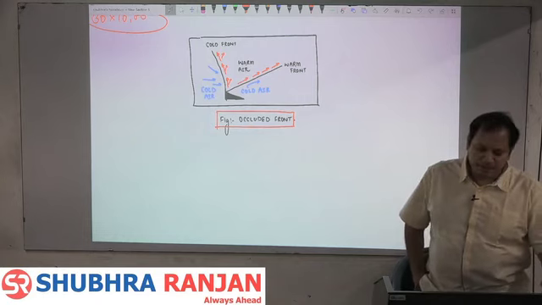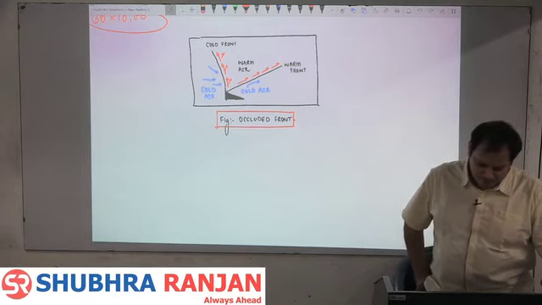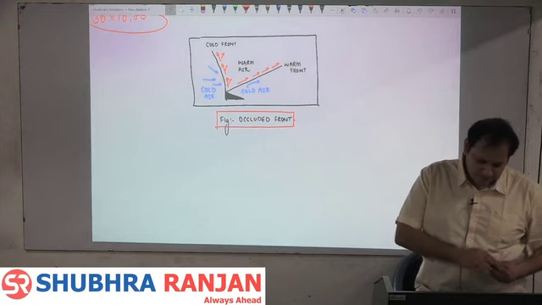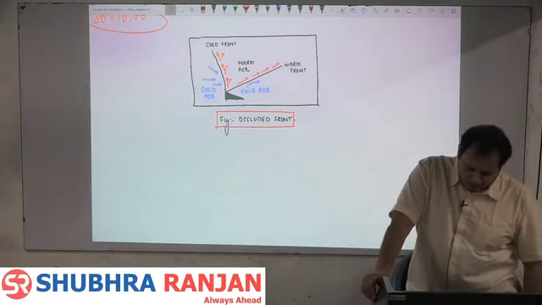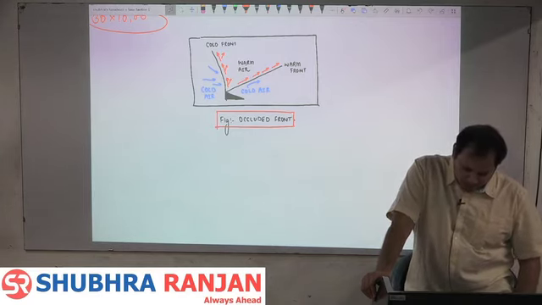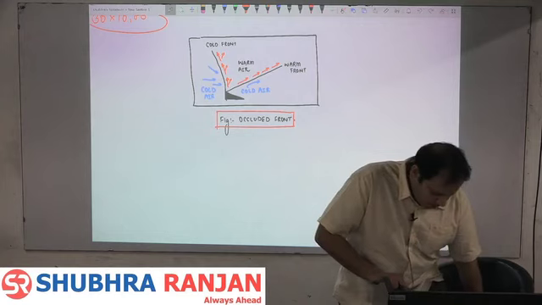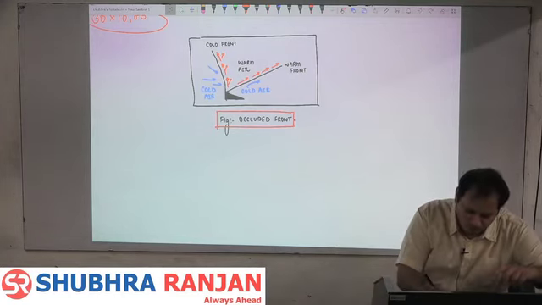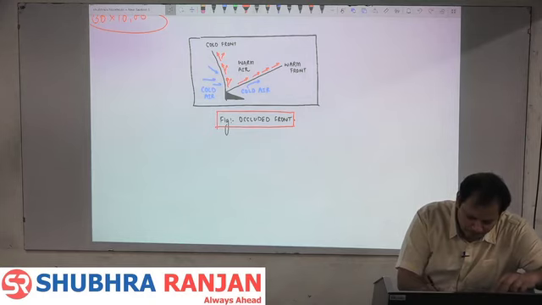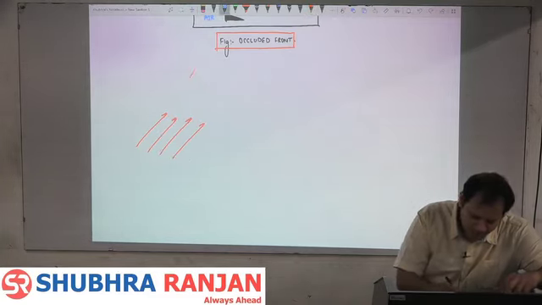I'll tell you what this rapidly advancing is. Ultimately, the cold and warm front combine to cause an occlusion. See, this is how a front is formed.